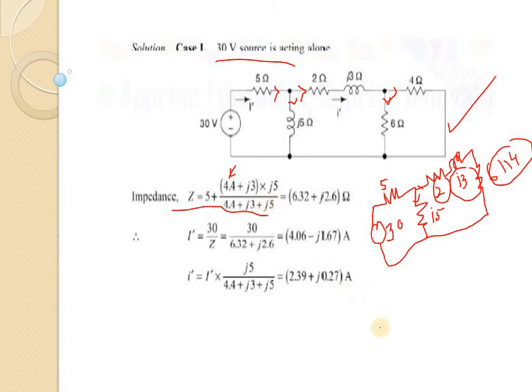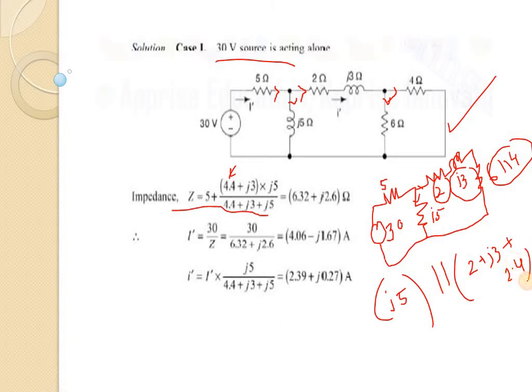That means ultimately our parallel branch becomes J5 parallel with 2 plus J3 plus 2.4.